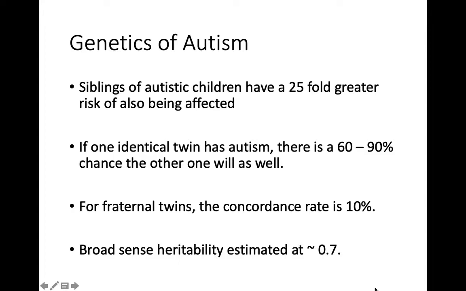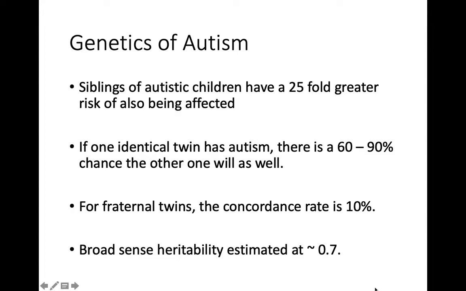Even not identical twins, but dizygotic siblings, have a 25-fold greater chance of being affected, which suggests that there's a genetic component. And if one identical twin has autism, there's between a 60 to 90% chance that the other one will as well.